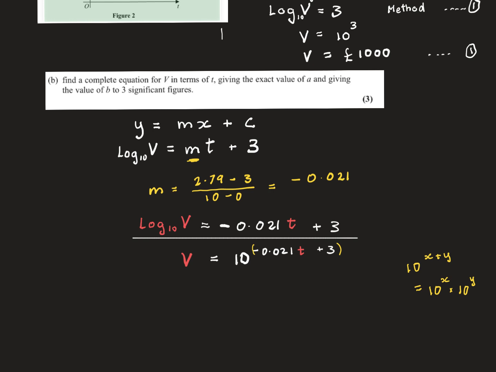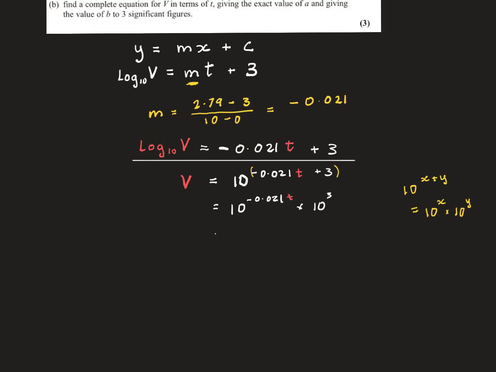We'll do the same thing here, and say that that is 10 to the minus 0.021t, multiplied by 10 to the power of 3. This could be rewritten as 10 to the power of 3, which is 1,000, multiplied by 10 to the minus 0.021t.